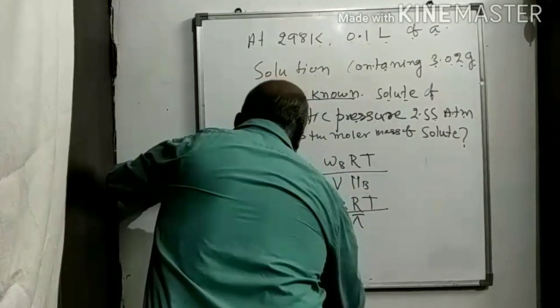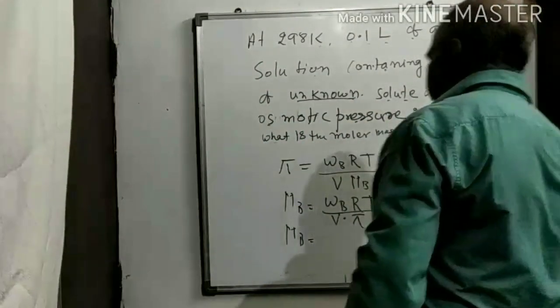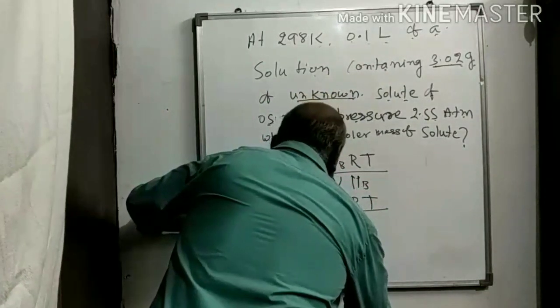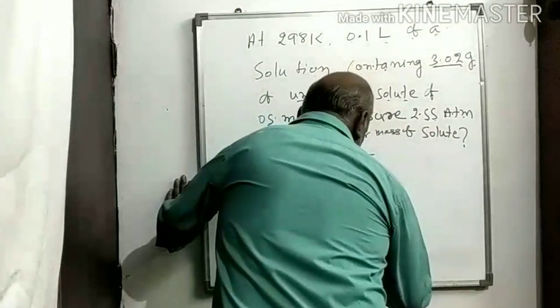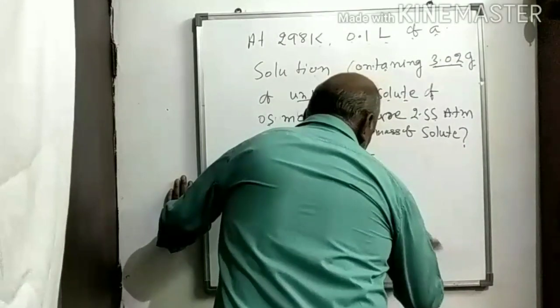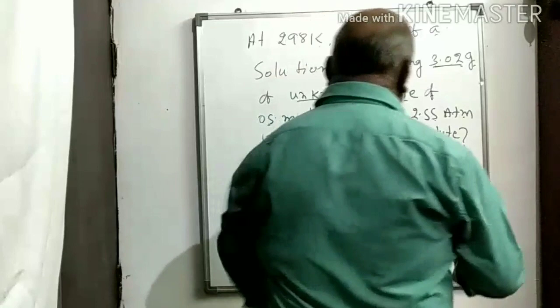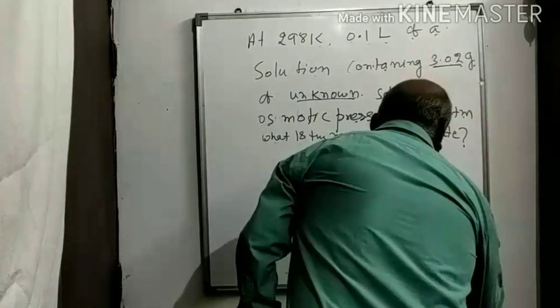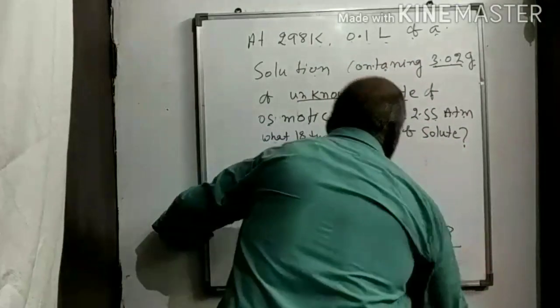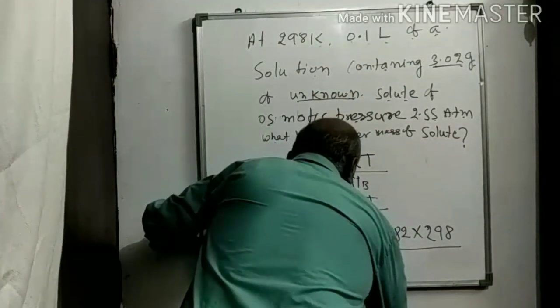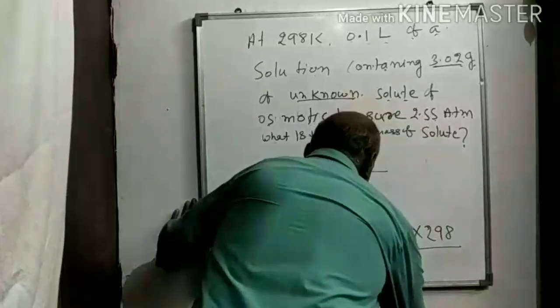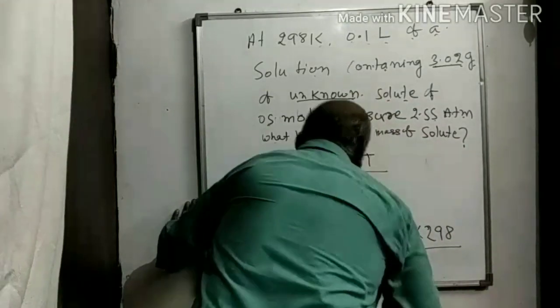Put the values: MB is equal to WB, that is 3.02, into R, molar gas constant, that is 0.082, into temperature, that is 298, upon volume, volume of the solution is 0.1, into pi, osmotic pressure 2.55.